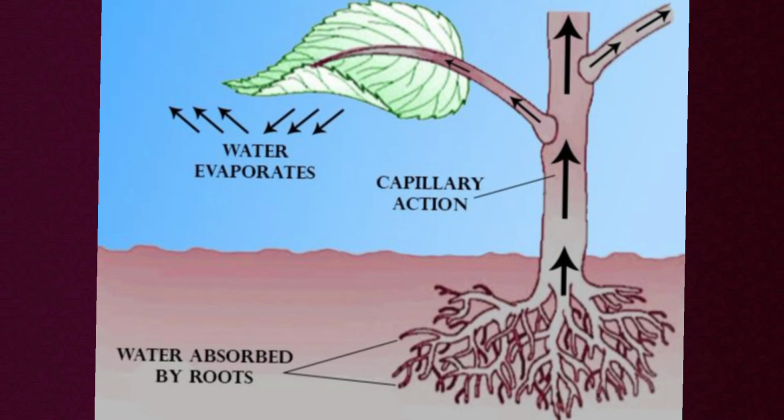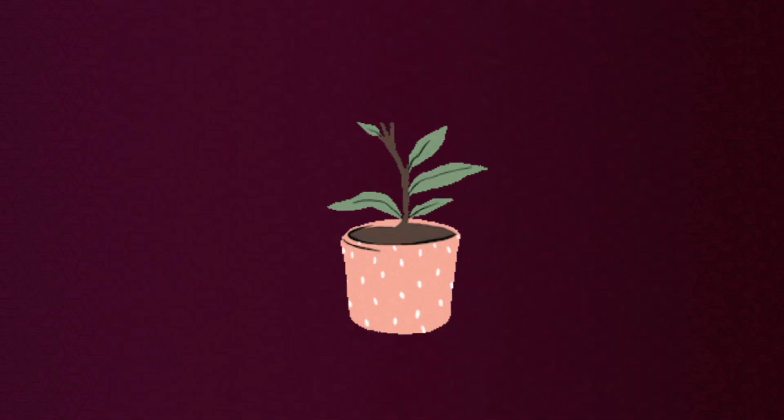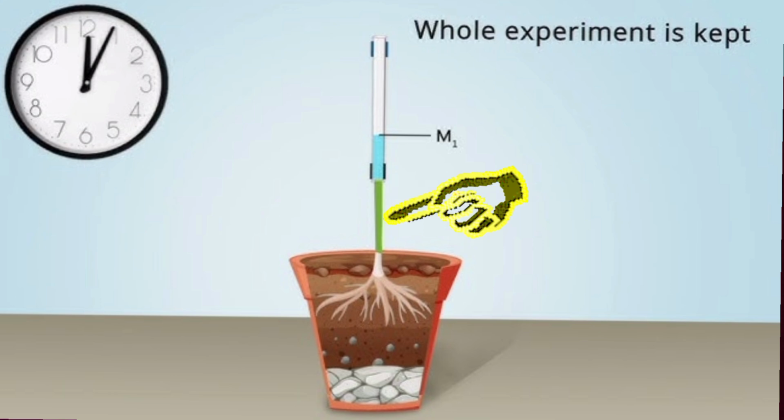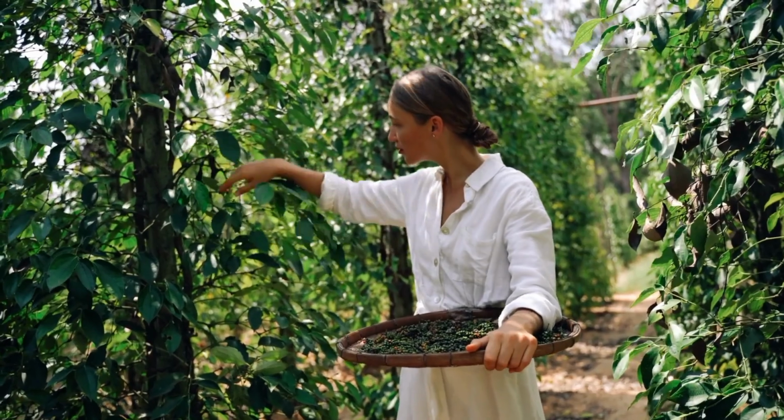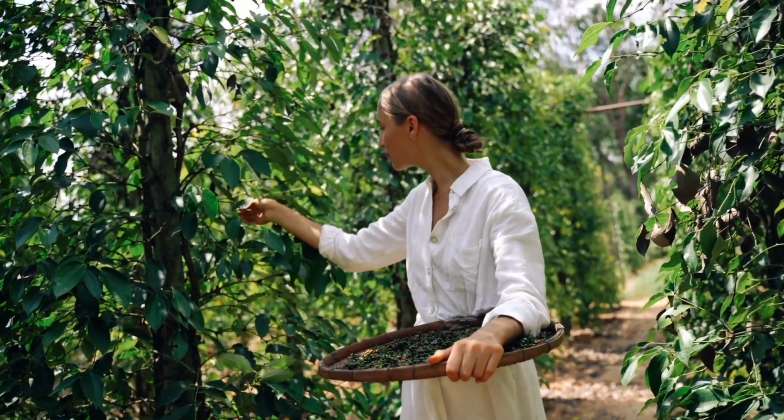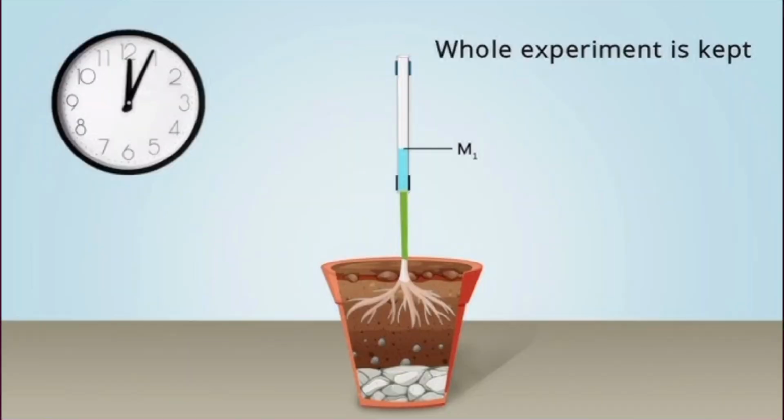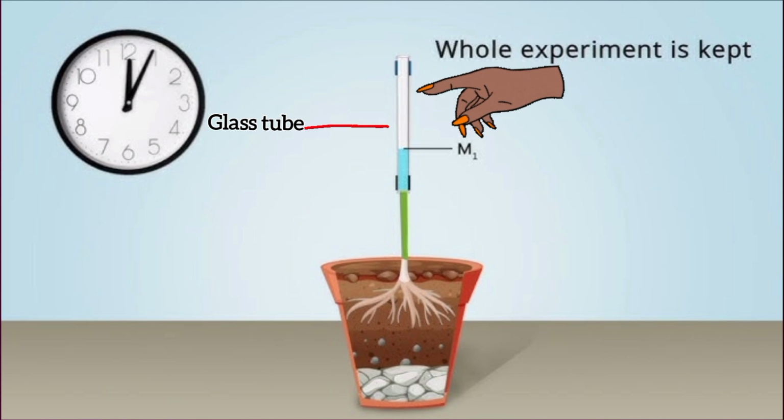To observe root pressure, we can conduct a simple activity. For this, we must take a well-watered potted plant and cut its stem a few centimeters above the soil level. It is better to do it early in the morning, ensuring that root pressure is high. Securely attach a glass tube on the stem by using a small rubber tube.